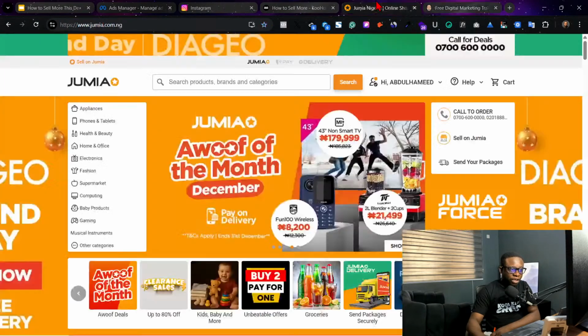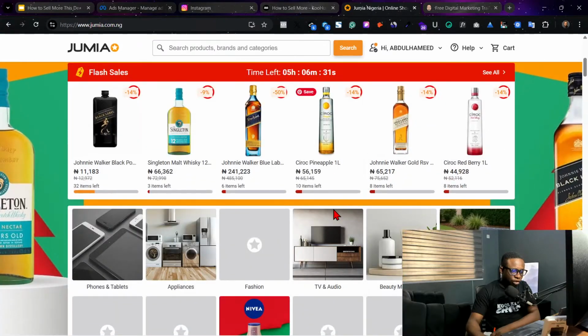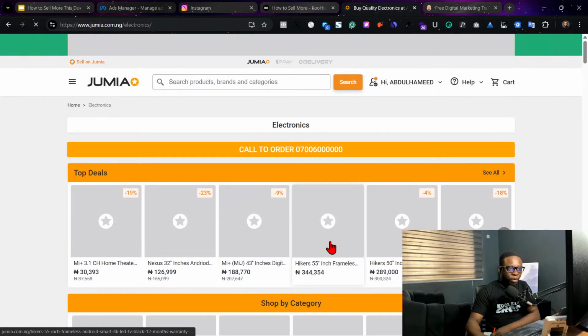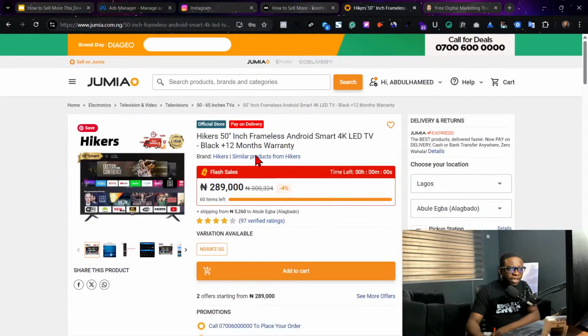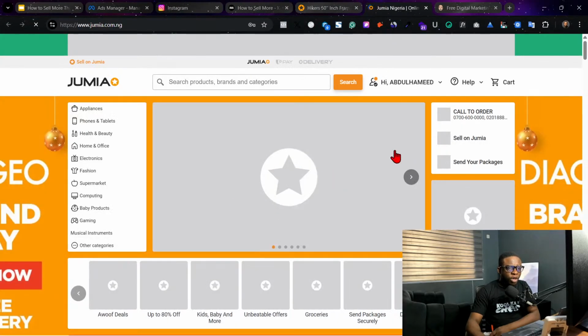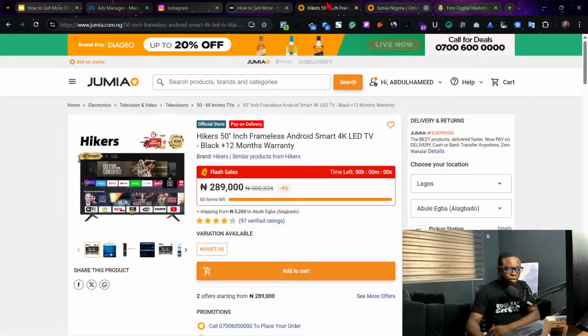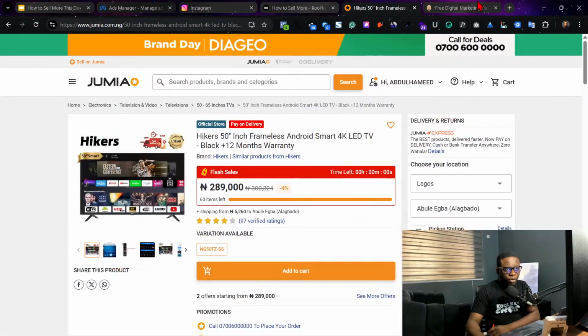Each landing page may be different. So take for example, if I click on Jumia and click on shop, let me just go to this TV. This could be a landing page. Imagine I ran ads as a clothes business and I ran it to the Jumia homepage here. You'll be confusing your customers, right? So if you run the ads to the right landing page, they will understand.